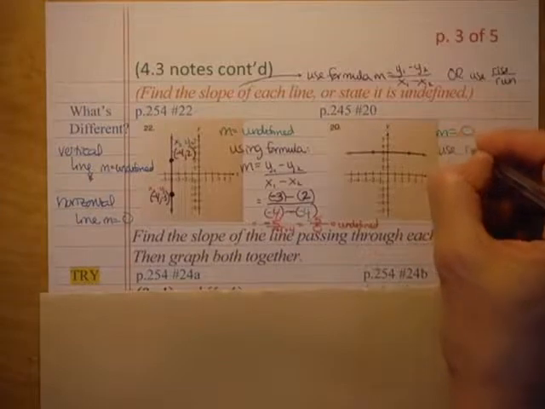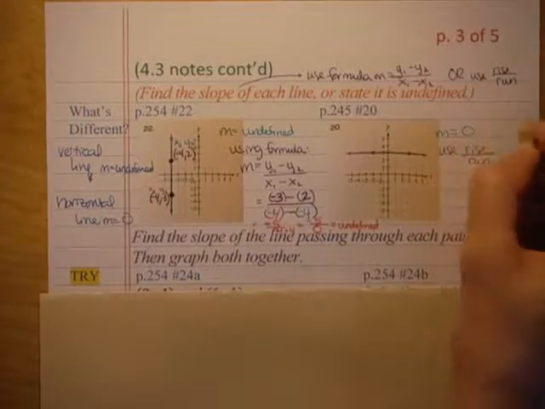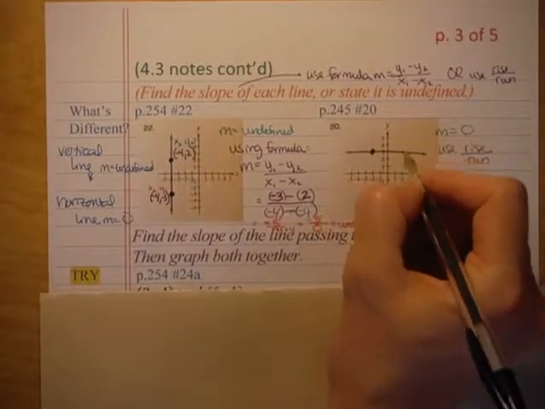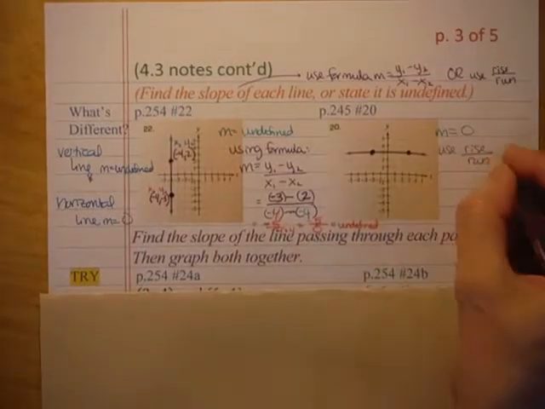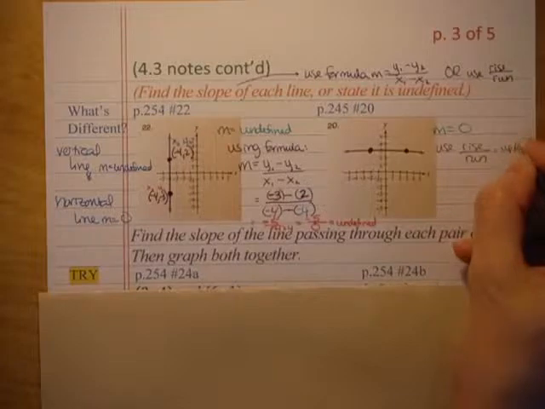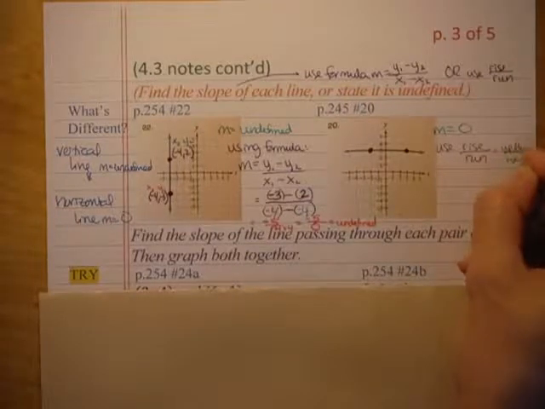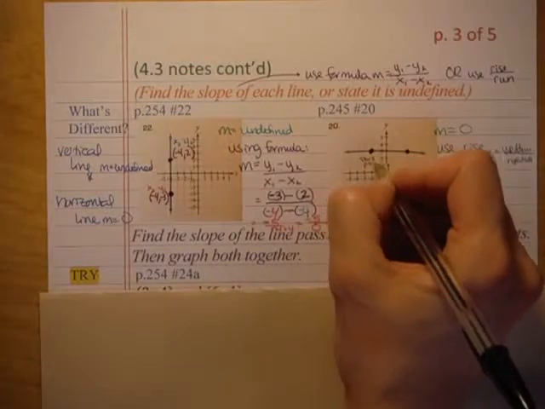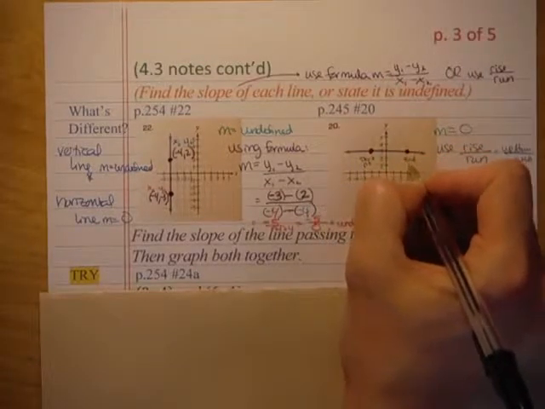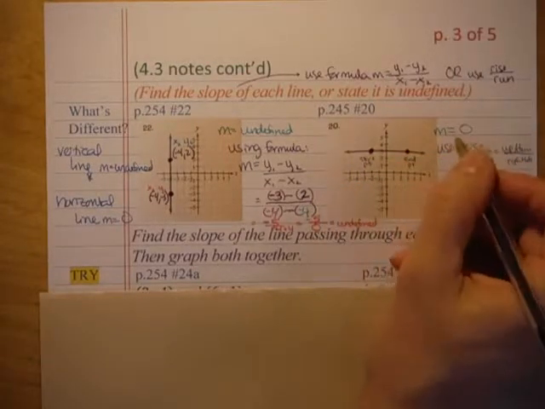Or I can use rise over run. In other words, I identify 2 points on the graph, and I see how to travel from there. I look at the up-down movement, and then I look at the right-left movement. So I'm going to start at one of the points, it doesn't matter which, and I'm going to travel to the ending point. You can pick any 2 points on this line.